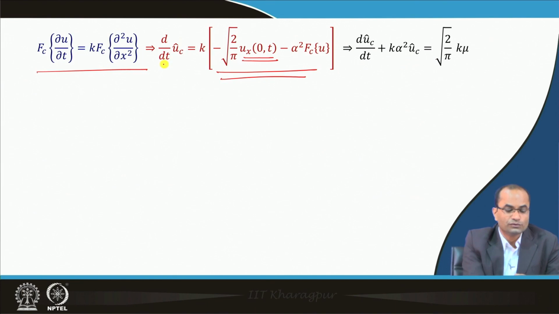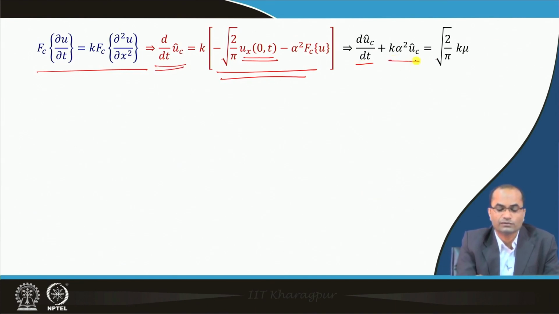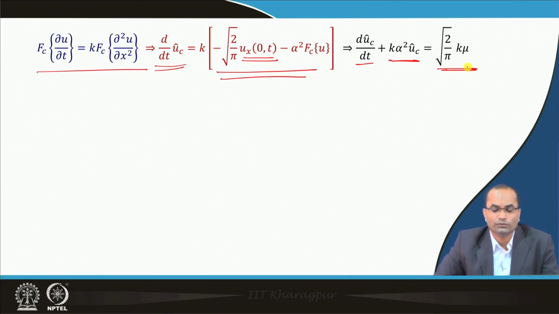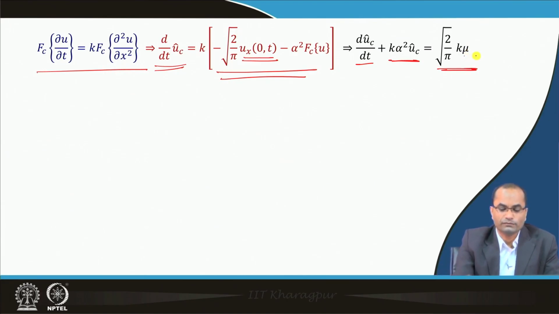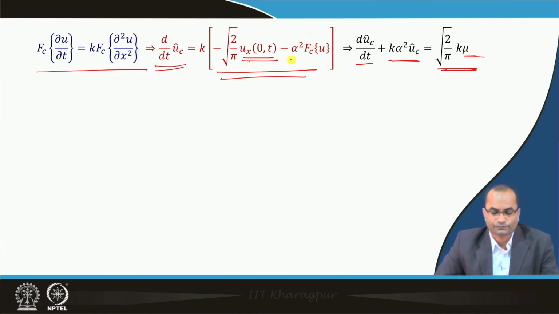So, we got this differential equation del u c over del t and k alpha square u hat c, and then we have this square root 2 over pi and k mu, because that mu was given there.